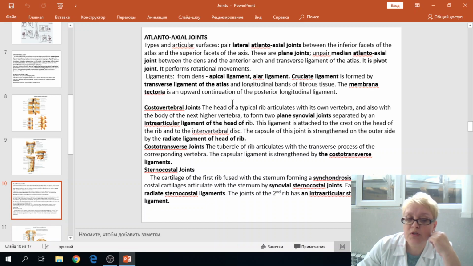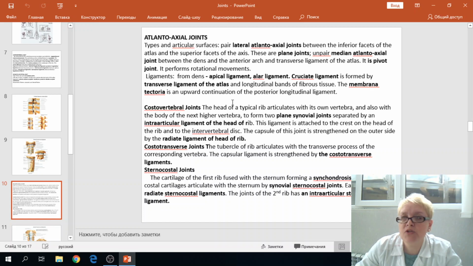In both joints, the costovertebral and the costotransverse joint, movement is possible in the act of breathing. Elevation of the rib takes place in inspiration, and depression of the rib takes place in expiration. Next joint is the sternocostal joint. It's the joint between the sternum and ribs, and especially we have the joint of the first rib and the second rib. The cartilage of the first rib is fused with the manubrium of the sternum and forms a synchondrosis.